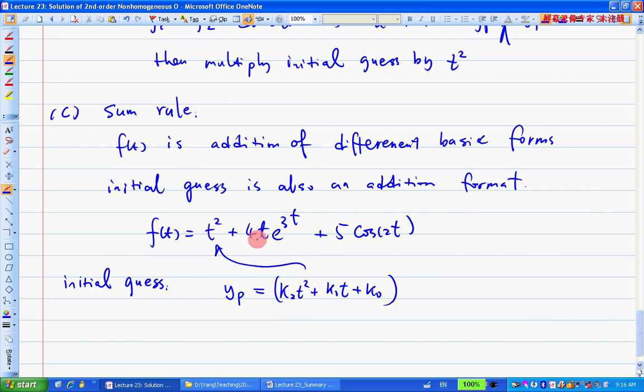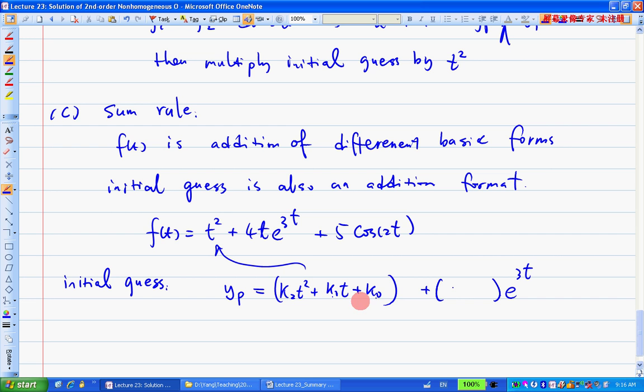And for this 4t e to the power 3t, that's a tricky one. There are two things here: t e to the 3t. If it were just e to the 3t, it would be just c e to the power 3t. But you have this t here.